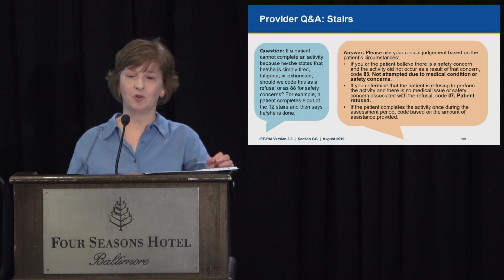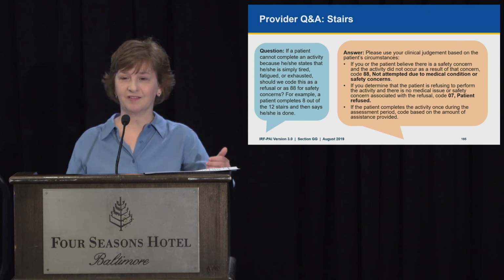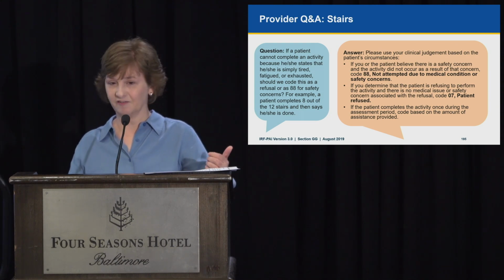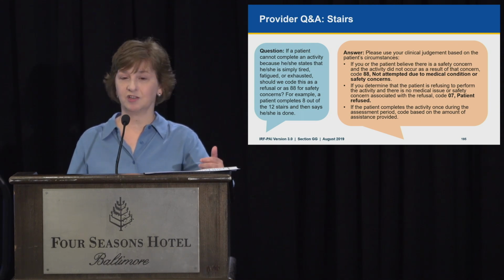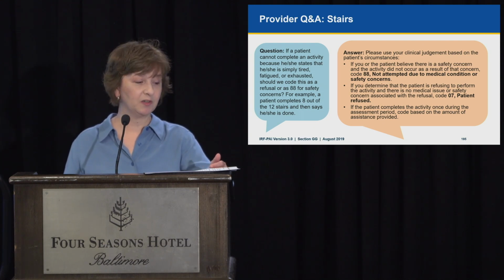If it's your determination or the patient expresses that there is a safety concern or that they are fatigued, you may certainly use your judgment to say that this is an 88, activity not attempted code.